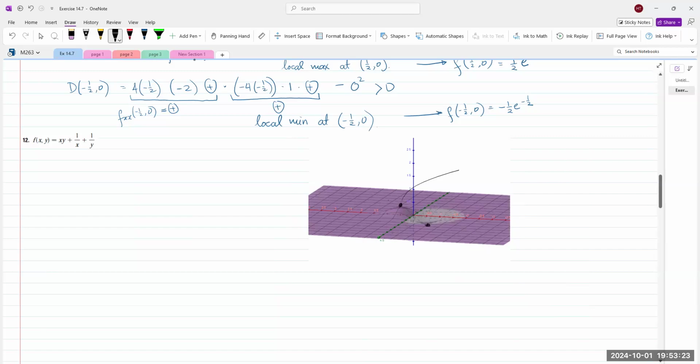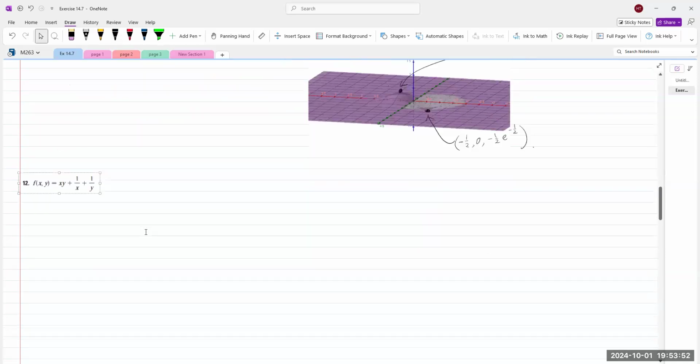This coordinate here is 1/2, comma 0, comma 1/2 e to the negative 1/2, while this local minimum here is negative 1/2, comma 0, comma negative 1/2 e to the negative 1/2. Okay, that's the coordinate. Now that's for number 8.